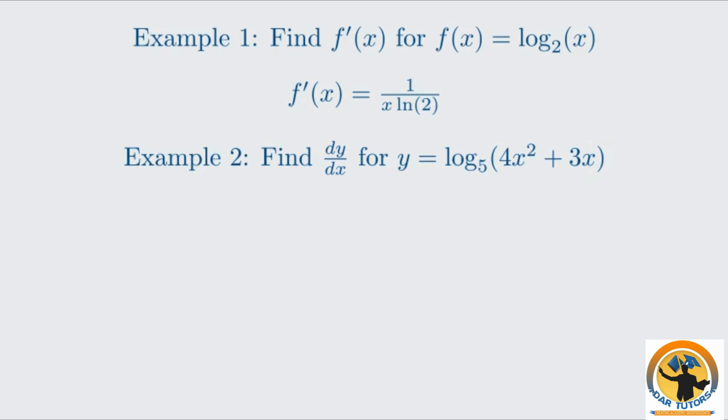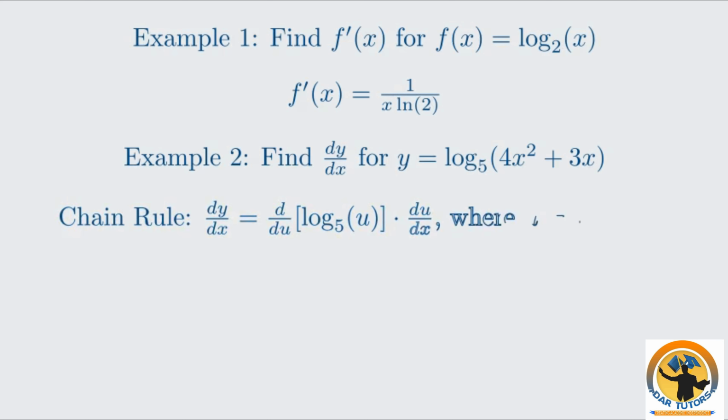Here, our x in the formula is replaced by the function 4x squared plus 3x, so we must use the chain rule. The chain rule states that the derivative is the derivative of the outer function, evaluated at the inner function, times the derivative of the inner function. The derivative of the outer function, log base 5 of u, is 1 over u ln 5.